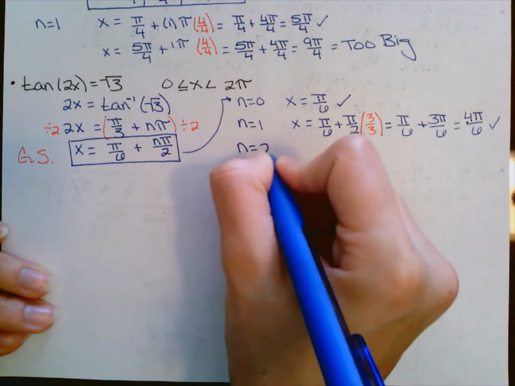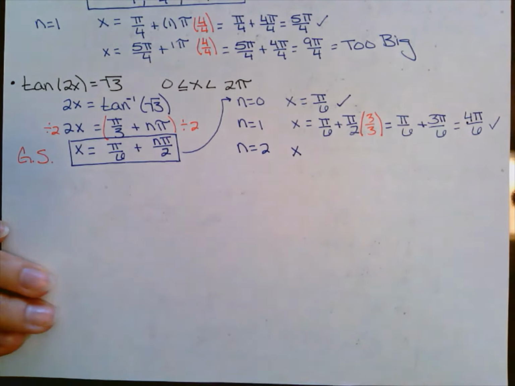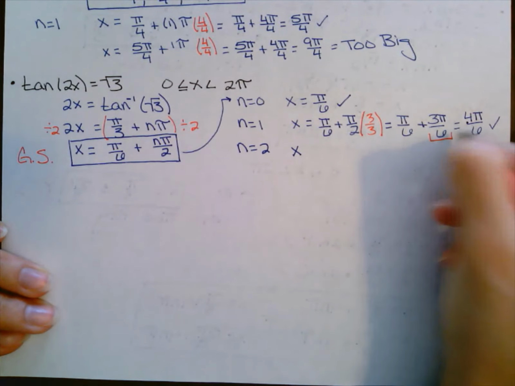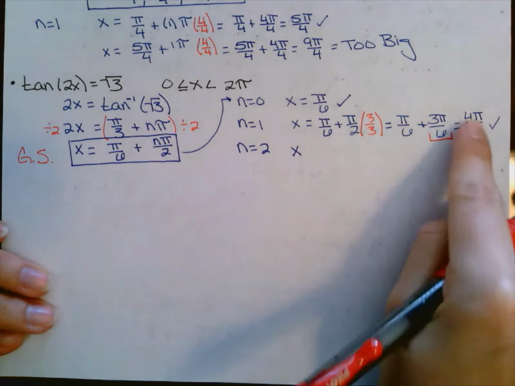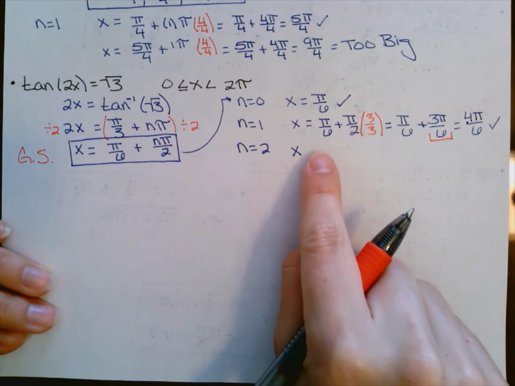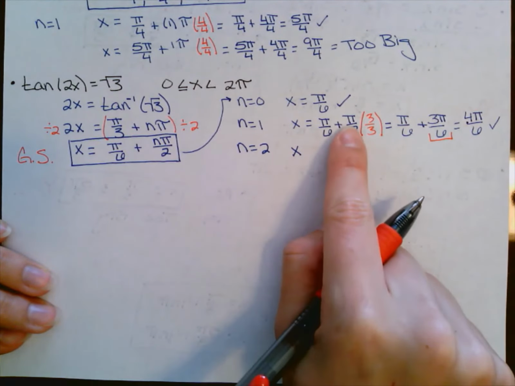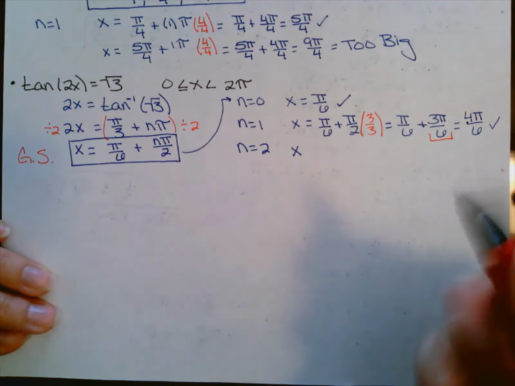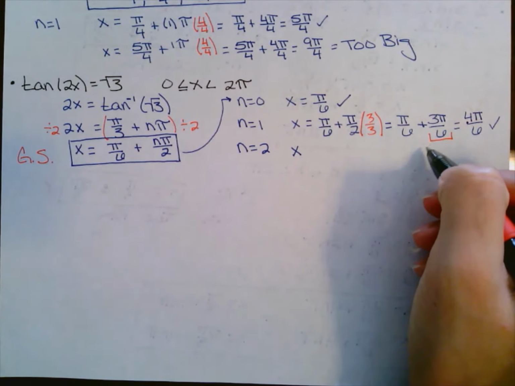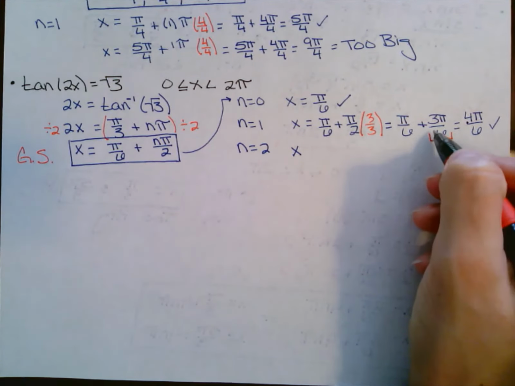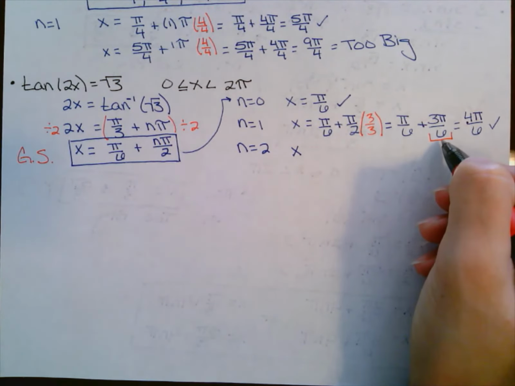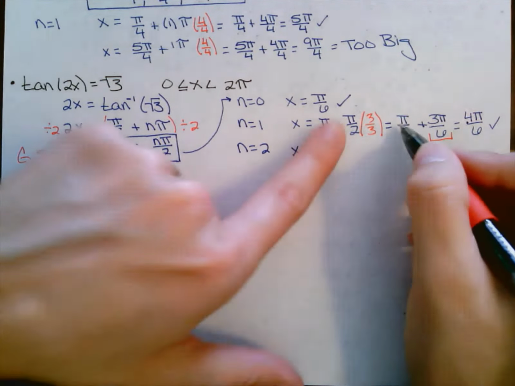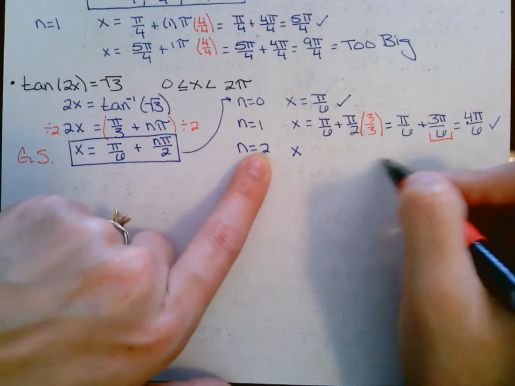So when n equals 2, I am adding another one of these increments. Now, you can sit here and keep doing the math and say 4 pi over 6 plus another pi over 2, and get a common denominator in the whole thing. But know that I am going to add every single time another 3 pi over 6, because I added one here, and now I'm going to be adding a second one too.